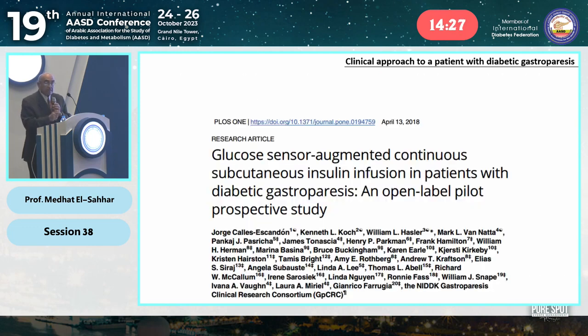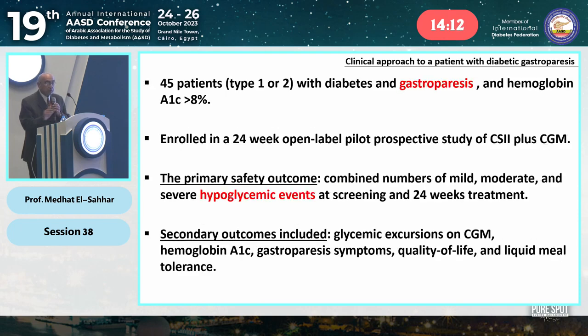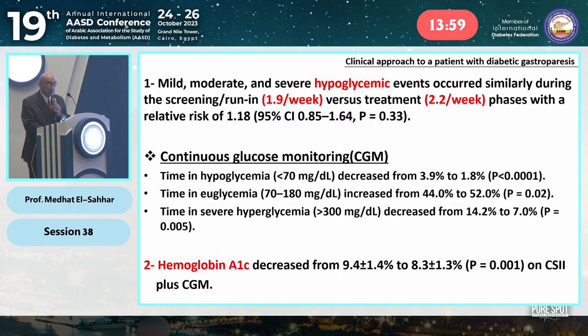And in this study, as Professor Andrew showed us, they tried to know if we do continuous glucose monitoring, whether this will help us to control this gastroparesis. They assessed 45 patients with diabetes and gastroparesis, glycated hemoglobin more than 8, and enrolled them for 24 weeks, and they did for them continuous subcutaneous insulin infusion. They found 5 results.